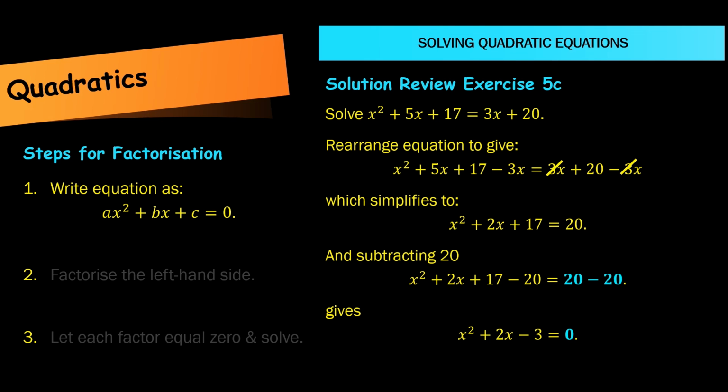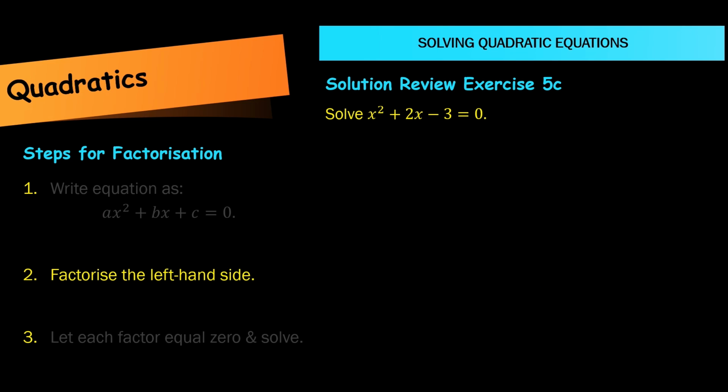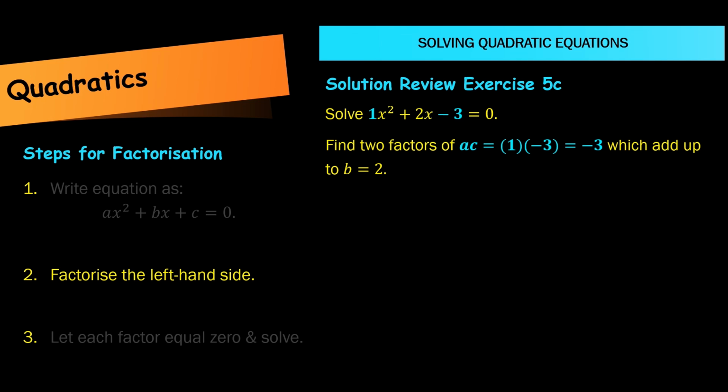So now we need to factorize x squared plus 2x minus 3 equals 0. And again, we need to find two factors of AC, which equals 1 times minus 3 equals minus 3, which add up to b equals 2. The factors are 3 and minus 1.